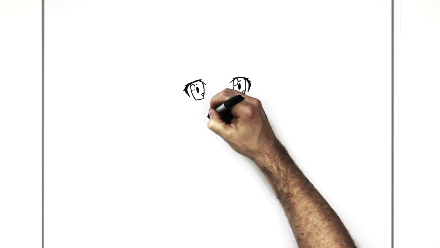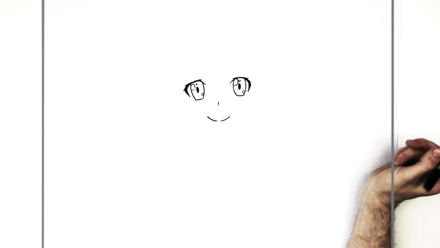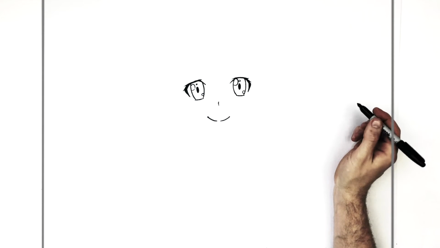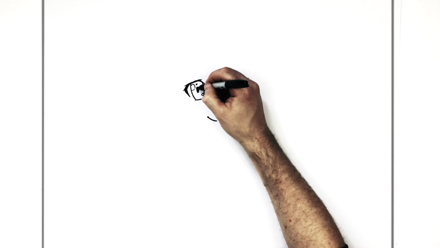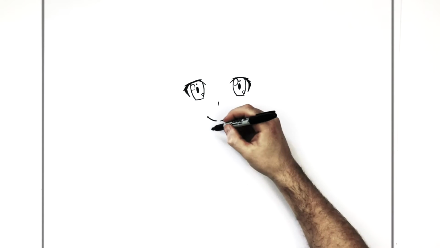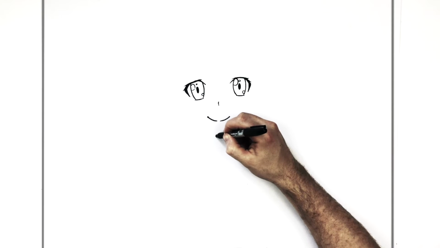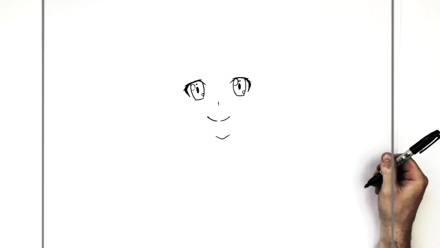Like so, okay? And little extra circular shape at the ends. See that? Right, so then her chin. So a real pointy chin, just here. Like so.